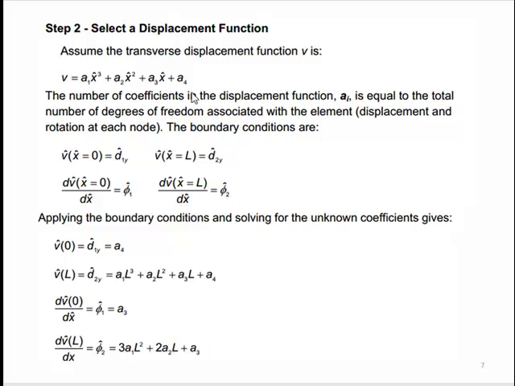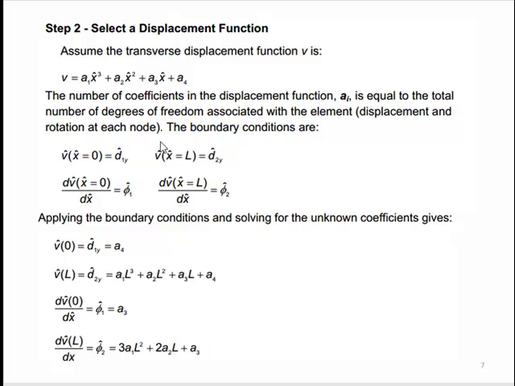And if this is v, we can take its derivative with respect to x, and that derivative will be used in order to substitute these boundary conditions. So dv by dx, if you take its derivative, it would be 3a1x square plus 2a2x plus a3, and this a4 will become equal to 0.